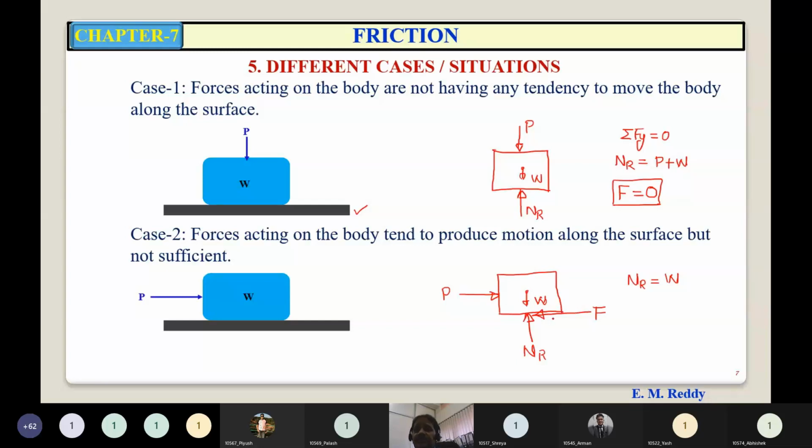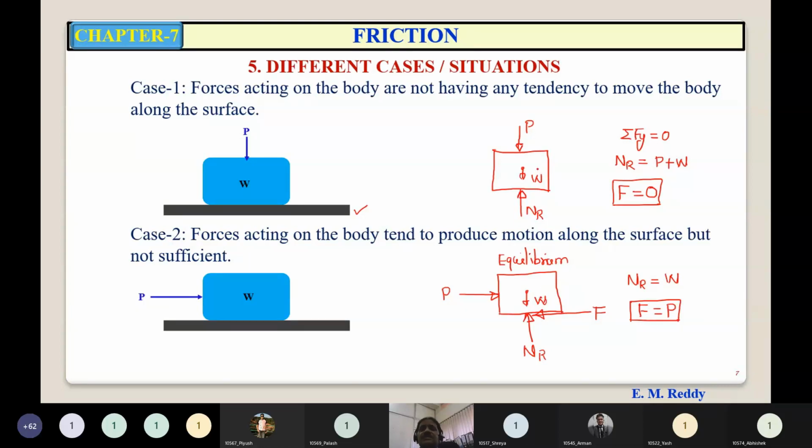In this particular case, the body is in equilibrium, neither moving in vertical direction nor in horizontal direction. Here, the magnitude of friction force is equal to the applied force, when the body is in equilibrium.